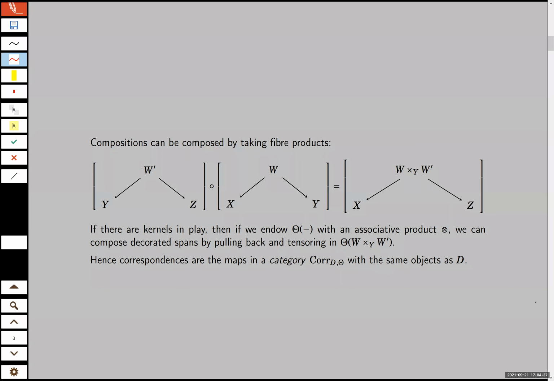We just take the fiber product of the kernels, and if there's a coefficient on the apex of the roof, you just take the product of them, tensor product of sheaves or product of functions. And so it's typical to arrange these things into a category whose objects are those of D and whose maps are the category of correspondences between X and Y.